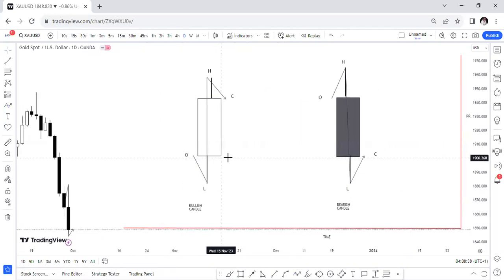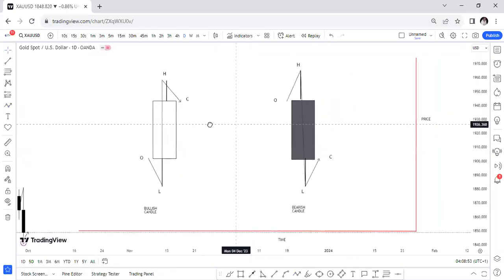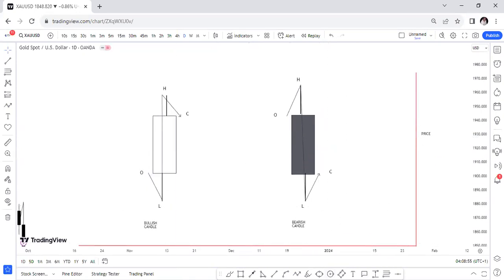So for the high to be created, it must first create the low. For the low to be created, it must first go and make the high. That is how the market trends.